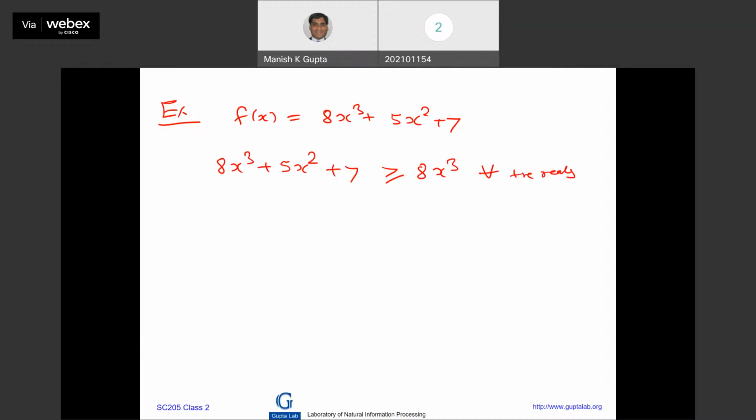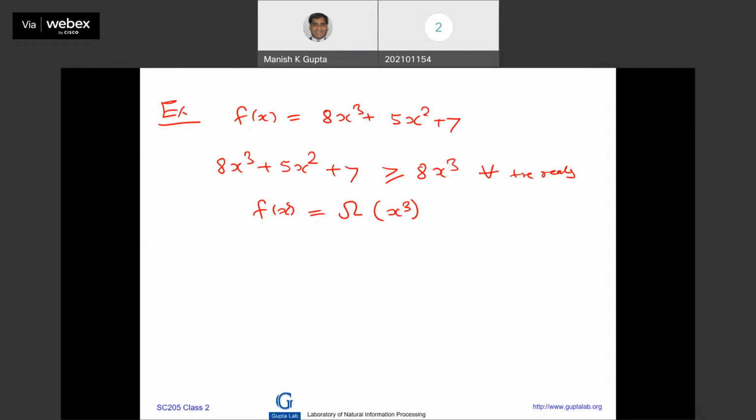There is more to it. So we can say that f of x is like this, right?